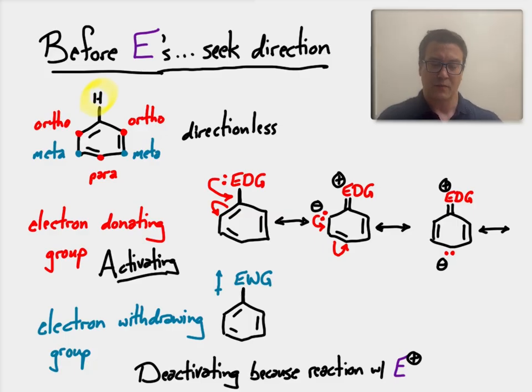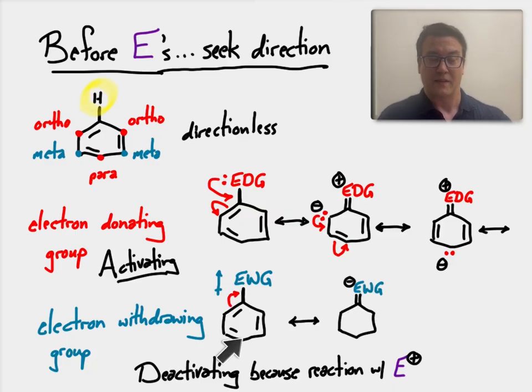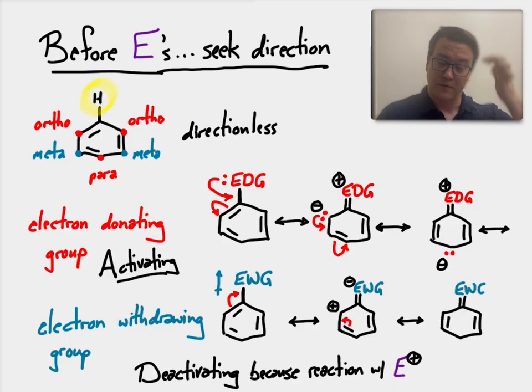So again, for electron withdrawing groups, you can think about arrow pushing mechanisms as well, where now the electrons are getting pulled out of the aromatic ring, and so you end up with a carbocation. So, a carbocation interacting with an E+, that's not very favorable. So they're certainly not going to go to the ortho position. They're also not going to go to the para position.